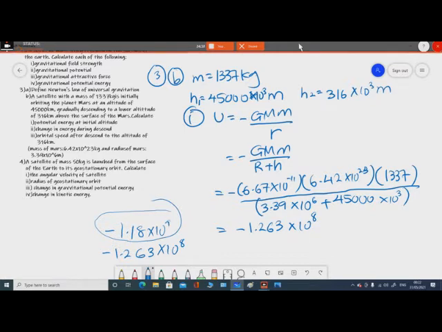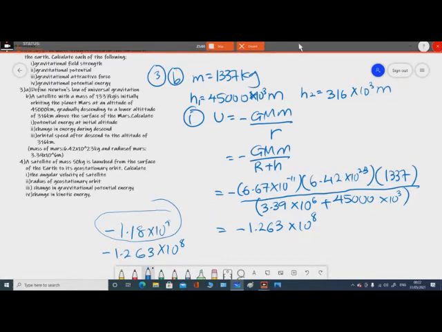Okay, right, let me retype again in my calculator. So 1337 for the mass and 6.42 times 10 to the power of 23 divided by 4.839 times 10 to the power of 7.